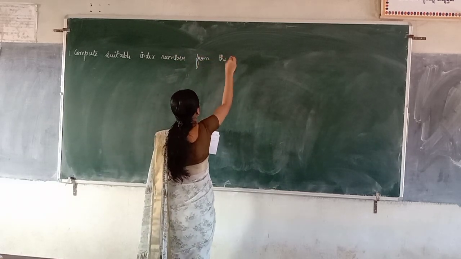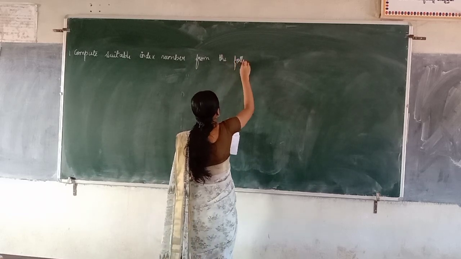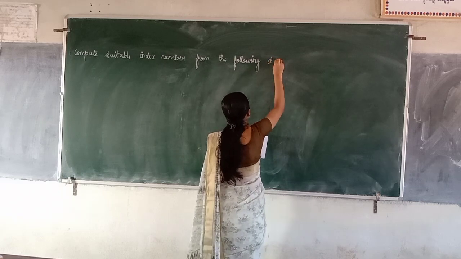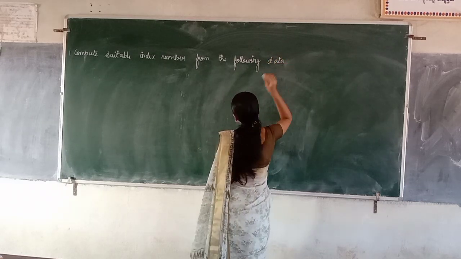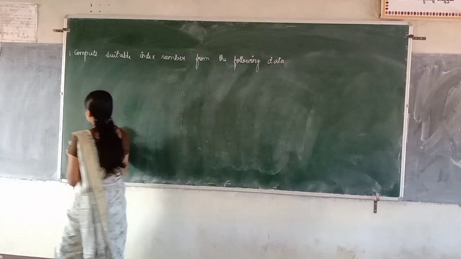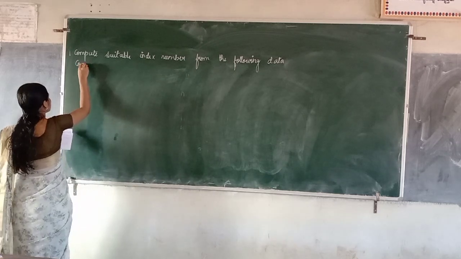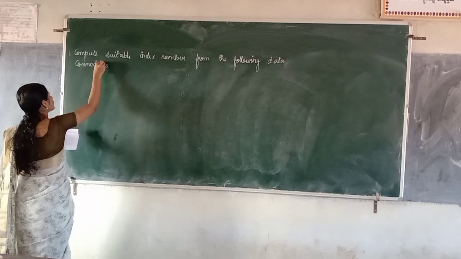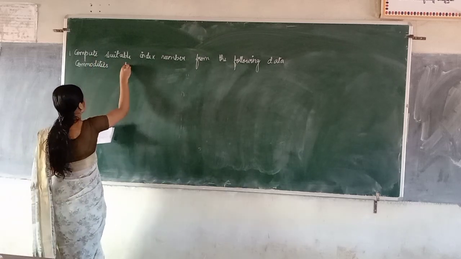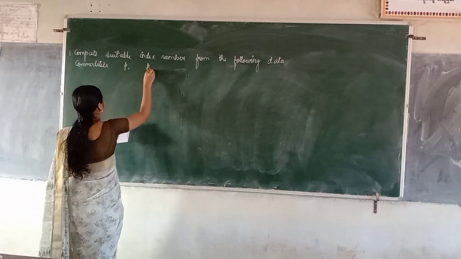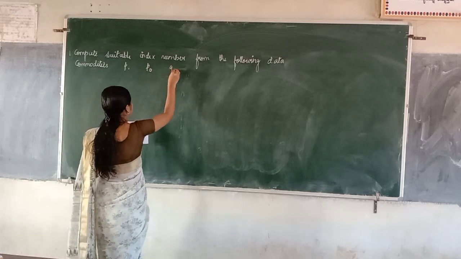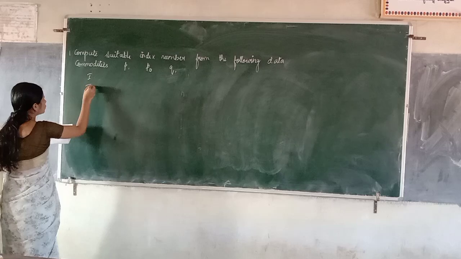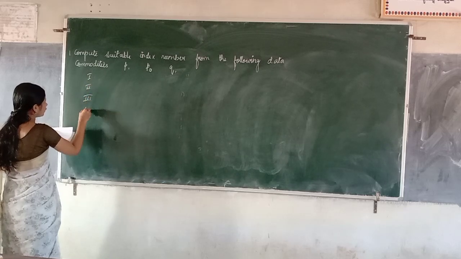The information given to us are commodities, next P1, P0 and Q1. Commodities are 1, 2, 3, 4.